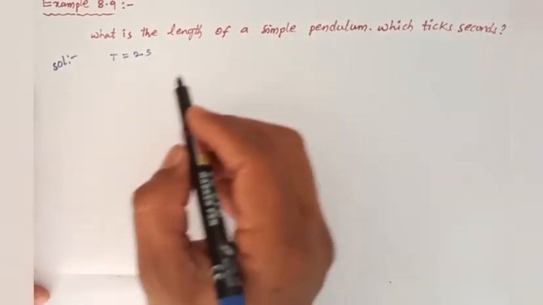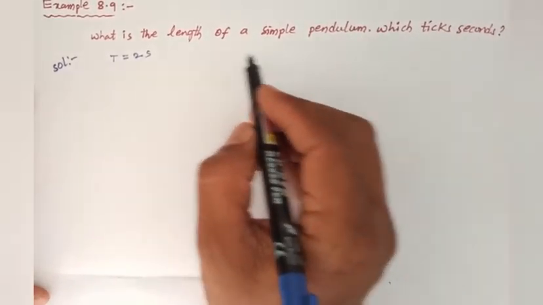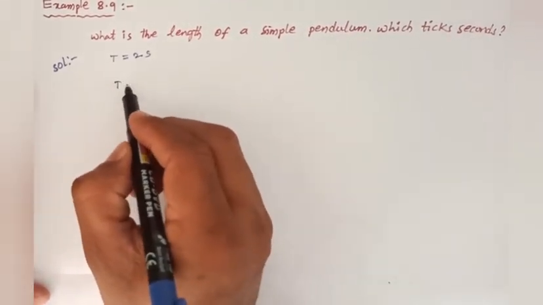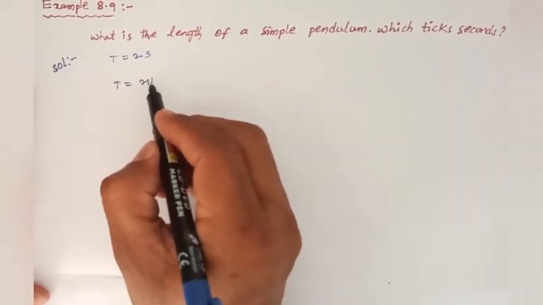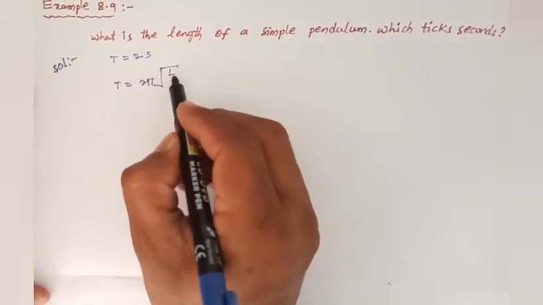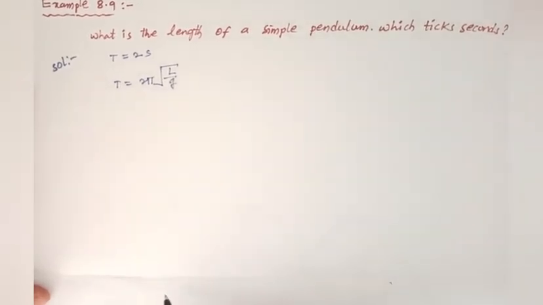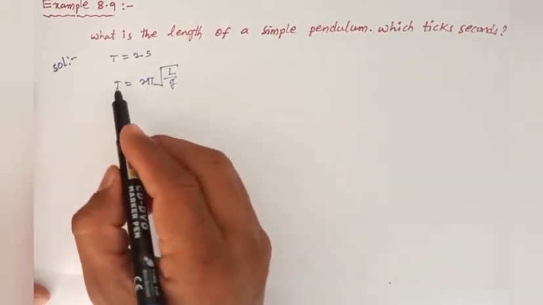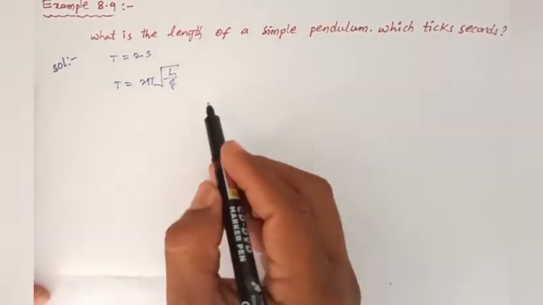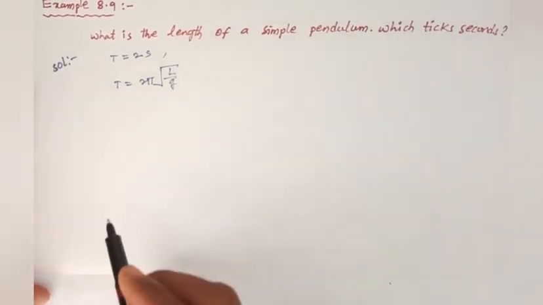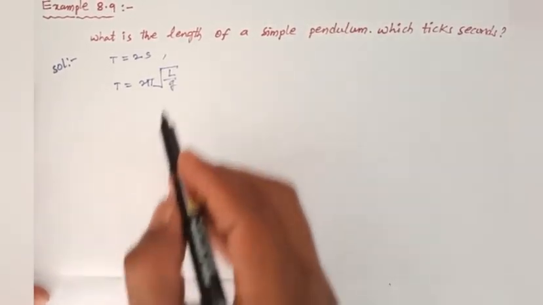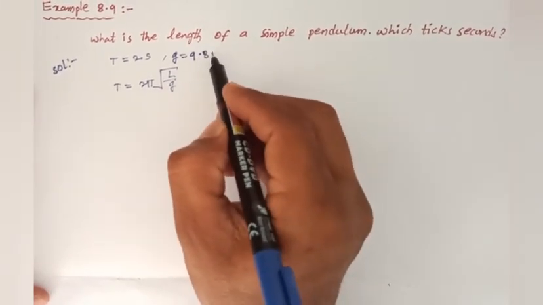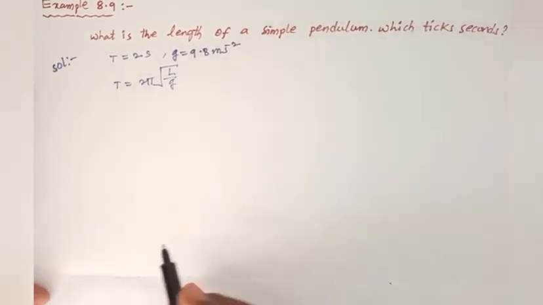What is the length of the seconds pendulum? From the time period of the simple pendulum, T equals 2 pi into square root of L by g, where L is the length of the pendulum, g is acceleration due to gravity, and T is the time period. The normal acceleration due to gravity on the earth is g equals 9.8 meter per second square.